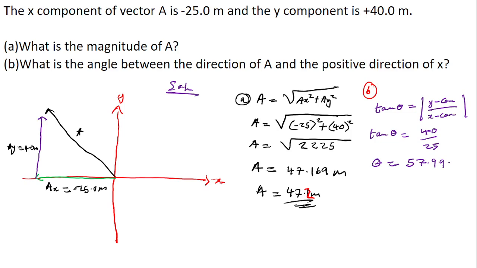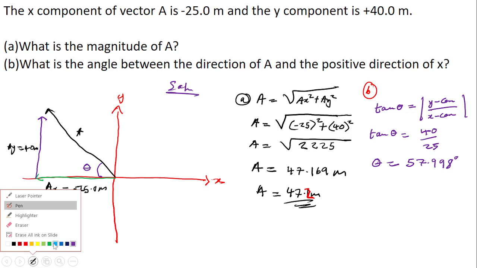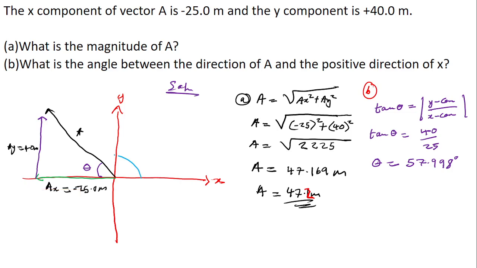57.998. Okay, so after you do that, this 57.998 is for that angle there, but the angle we are looking for has to start from this particular point going like that.